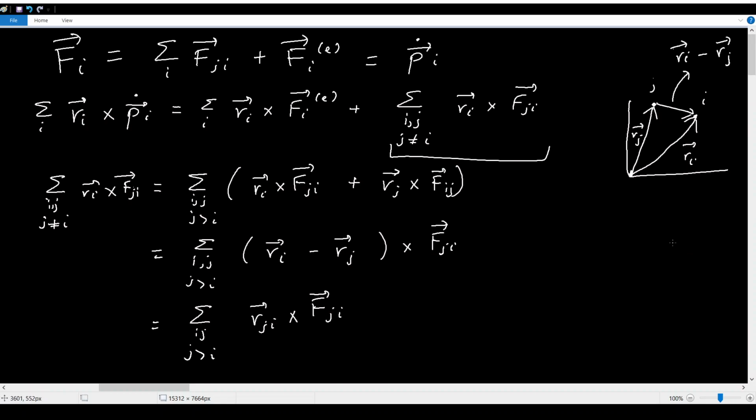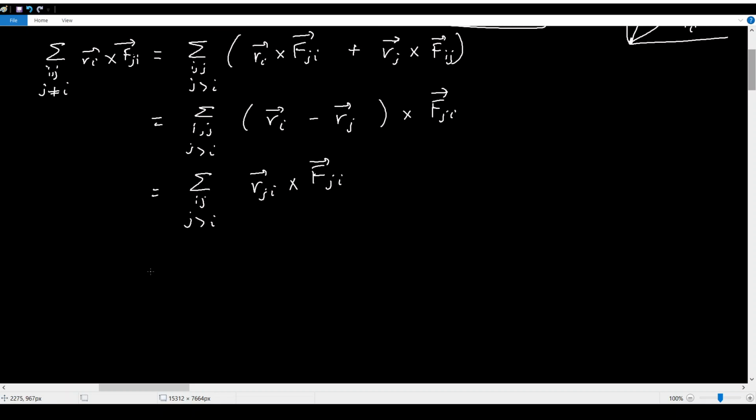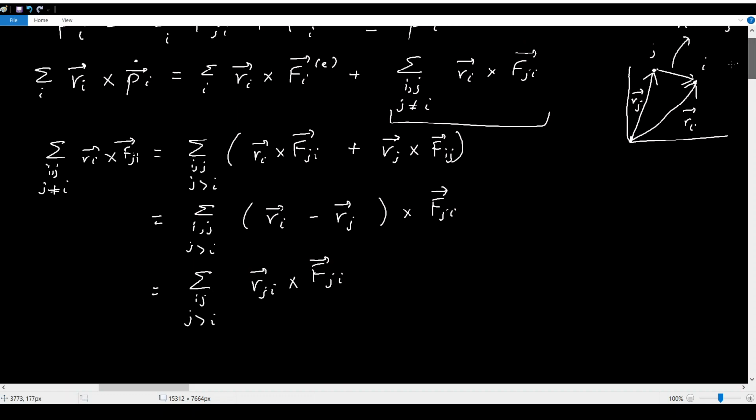And what we're going to do now is we're going to make a further assumption. We're going to assume that this force is along the direction of the distance vector. So the force of i on j is along this line, and the force of j on i is along this line as well.